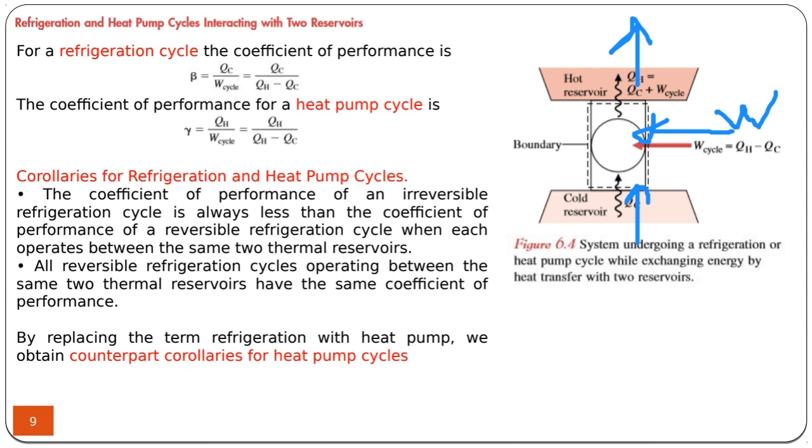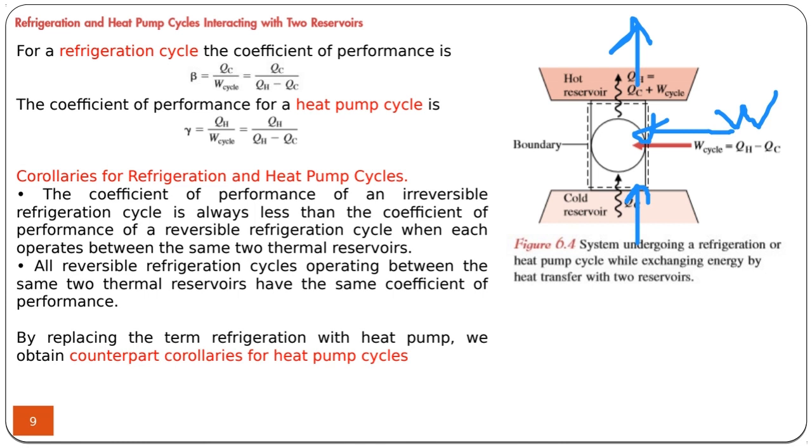If the purpose of the system is to cool down the cold reservoir, for instance, you have air conditioner systems at home, and in the air conditioner system, you have two modes, cooling mode and heating mode. In the cooling mode, the objective of the system is to cool down the space. So in this case, the performance of the system is obtained from the cooling purpose.